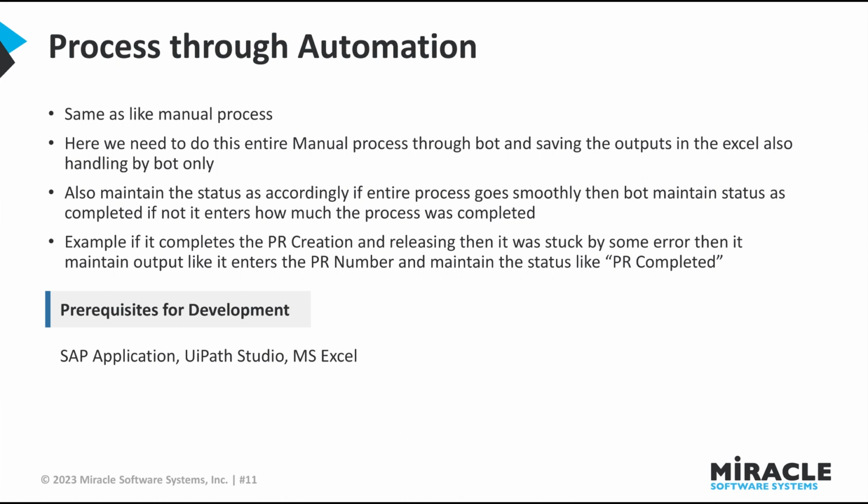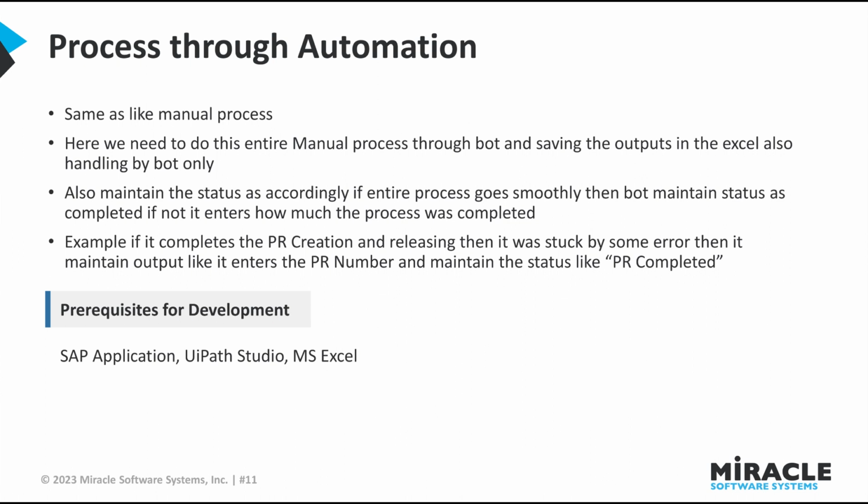If not, it enters how much of the process was completed. For example, if it completes the PR creation and release but gets stuck by some error, then it maintains the output by entering the PR number and maintaining the status like PR completed.